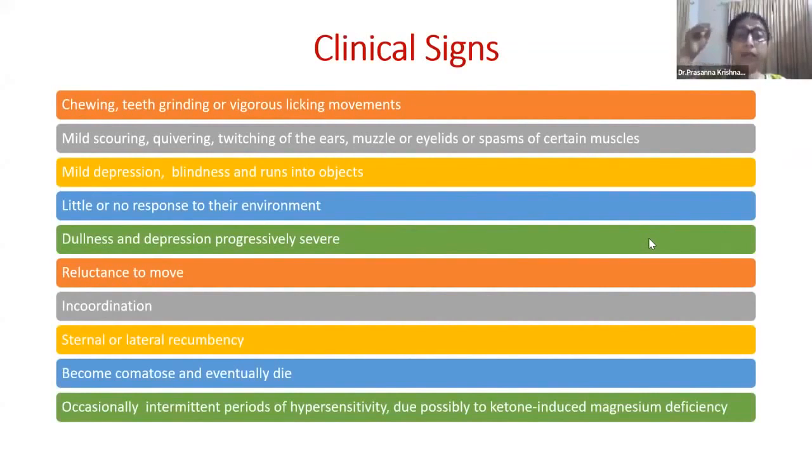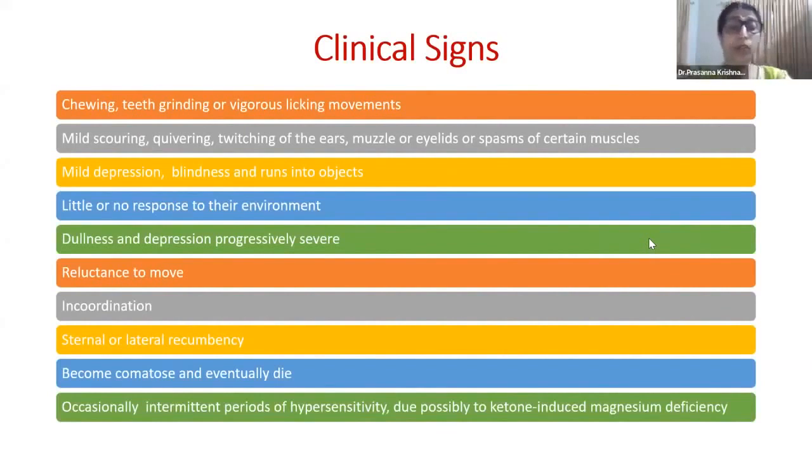Because of blindness, they may run into objects, and animals may not show response to their environment. They forget about the environment, and dullness and depression become severe. They are reluctant to move, and incoordination will be there, sternal recumbency, and then lateral recumbency. Later on, they become comatose and eventually die.